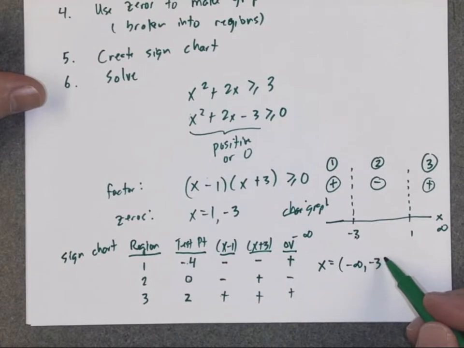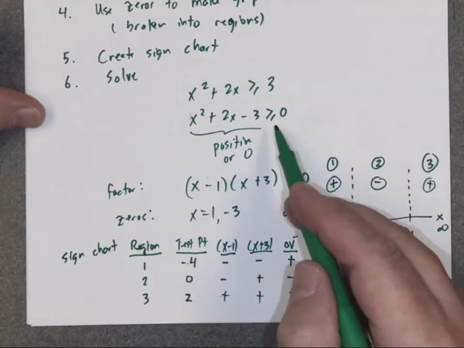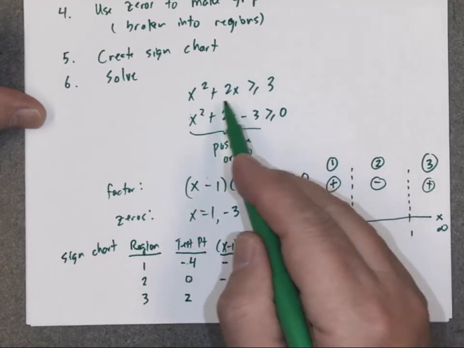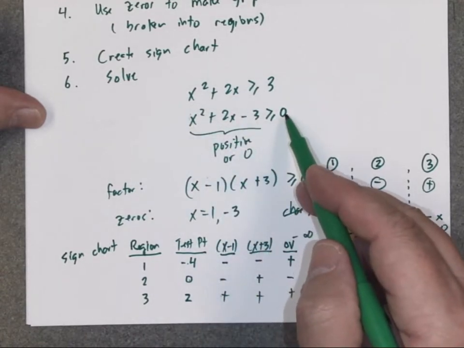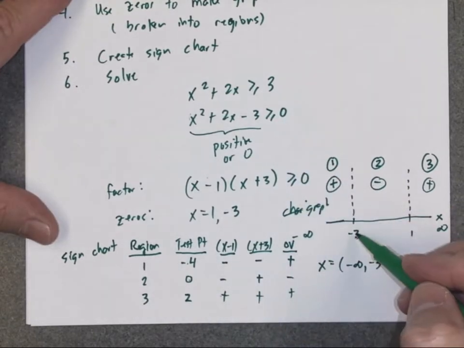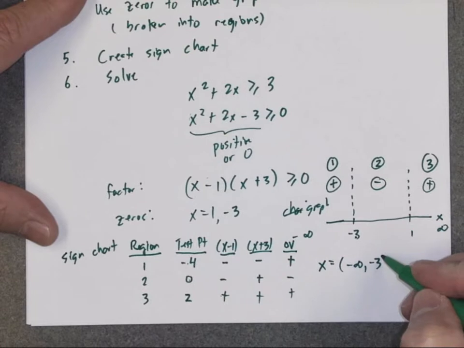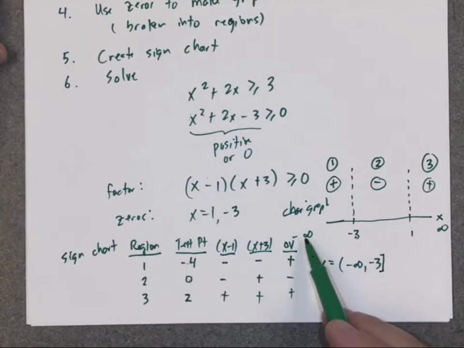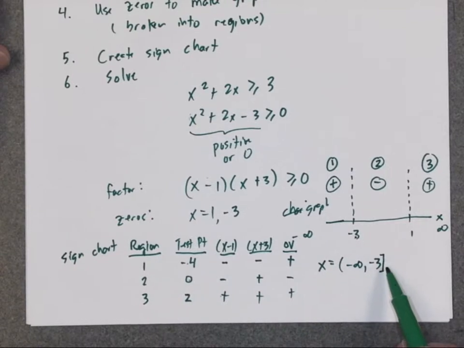Now, do I put a parenthesis or bracket here? I go back here, and the solution is greater than or equal to. So when this expression is 0, that is also going to be a solution. Negative 3 causes my expression to be 0. I want to include negative 3 as a solution. So this interval is negative infinity to negative 3 with a bracket.